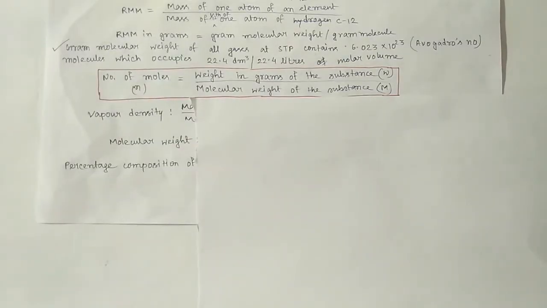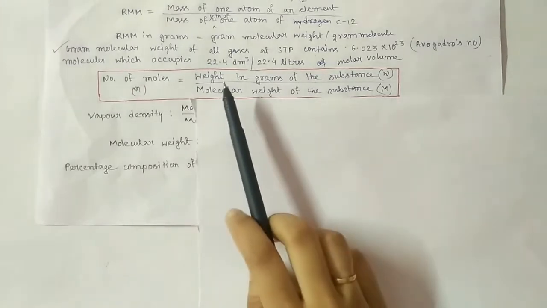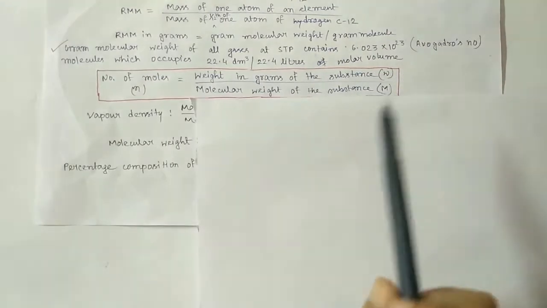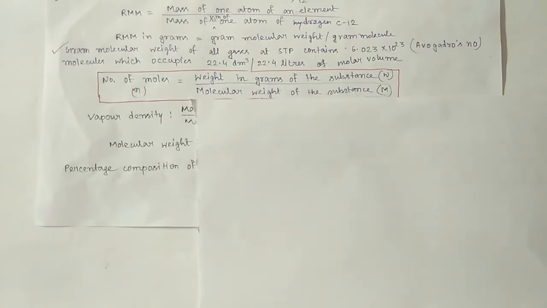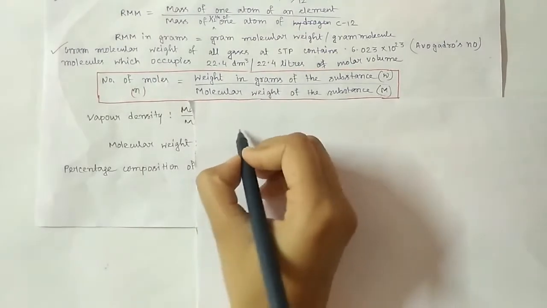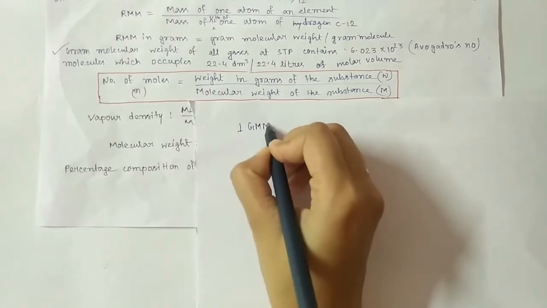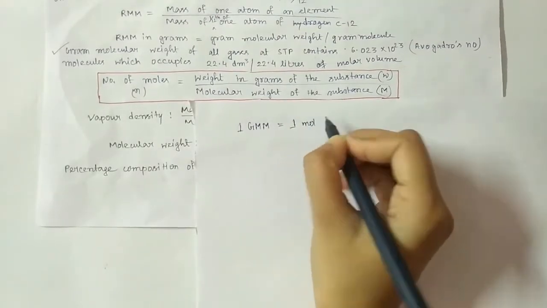Now I have told you that the gram molecular weight of all gases at STP contains 6.023 into 10 to the power 23, that is Avogadro's number, of molecules, which occupy 22.4 dm cube or 22.4 liters of molar volume. I have already told what molar volume is. It means that if you have 1 gram molecular mass of a substance, it will be 1 mole of that substance.